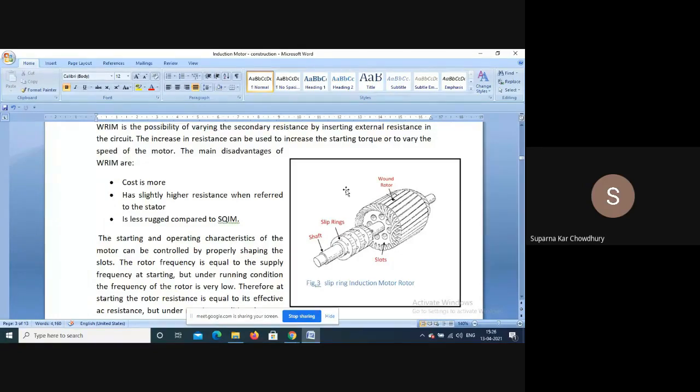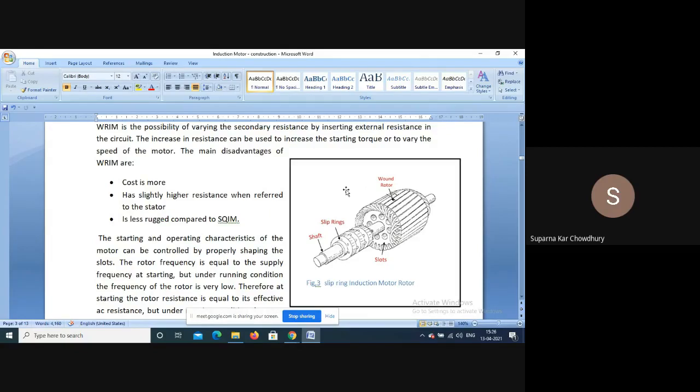Here we have the slip rings and brushes, they will get eroded, so it has to be maintained properly. And a moving contact in an electrical circuit, however well designed it might be, will have some sparking. In some atmospheres, it might not be advisable to have sparking. So these are the disadvantages.